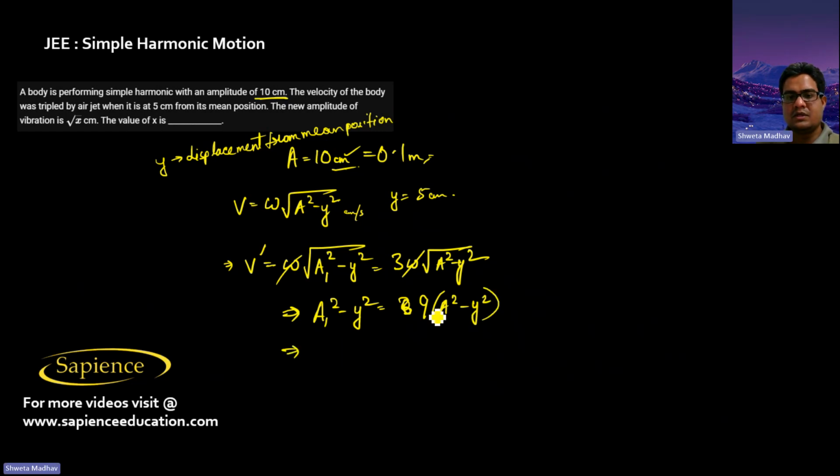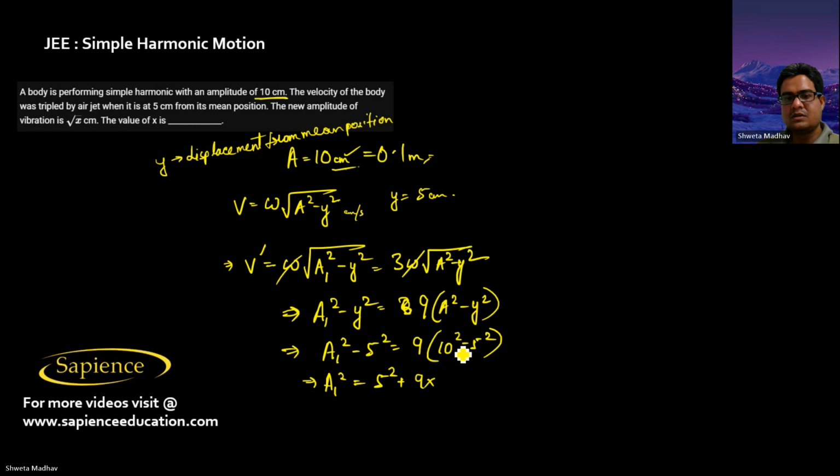So therefore, if y is 5, so a1 square minus 5 square, that is equal to 9 into 10 square minus 5 square, which means a1 square is equal to 5 square plus 9 into 100 minus 25, that is 75. 15 into 5, 75.